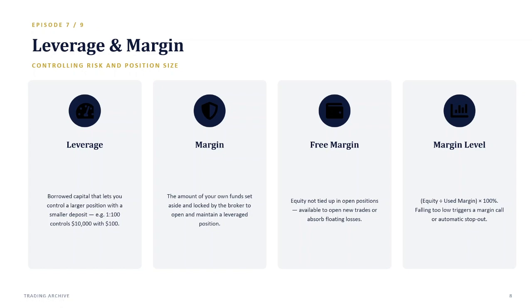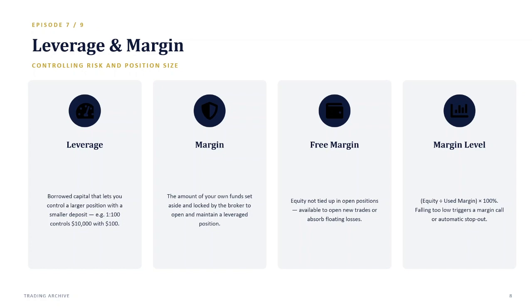That's what leverage is. Then we have margin, the amount of your funds set aside and locked by the broker to open and maintain a leveraged position. So margin is the amount of money that is required to open a position.